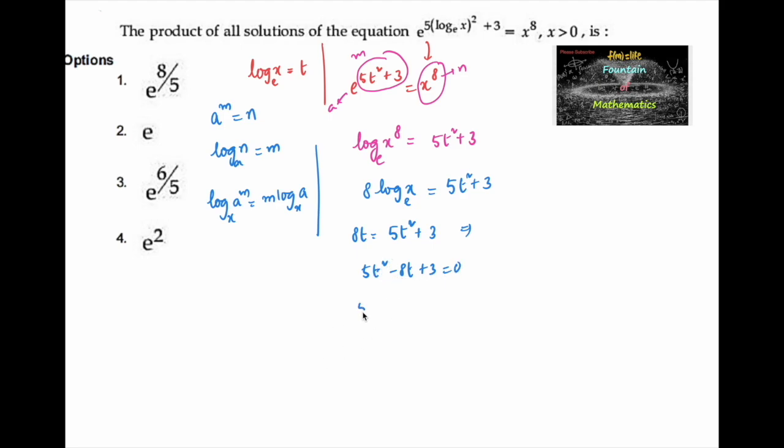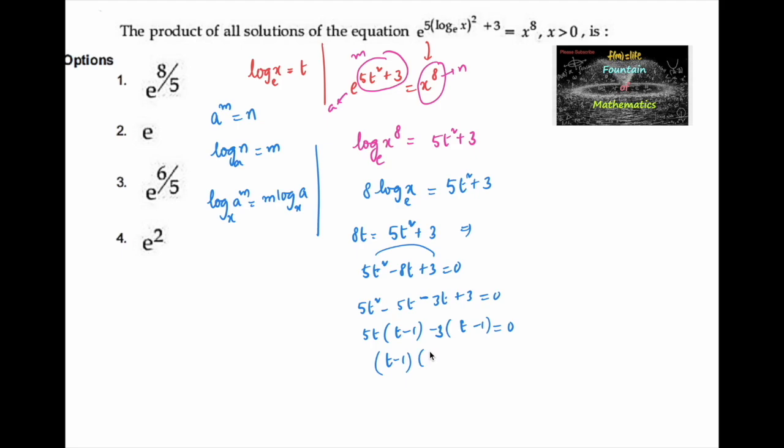And now factorizing 5t², here 5 threes are 15 and the difference is 8, so we can write 5t² minus 5t minus 3t plus 3 is equal to 0. 5t taken common, so t minus 1, minus 3 taken common, t minus 1 is equal to 0.